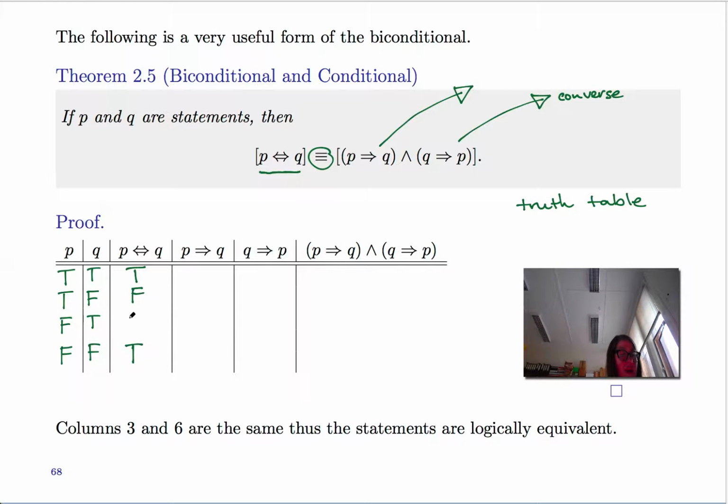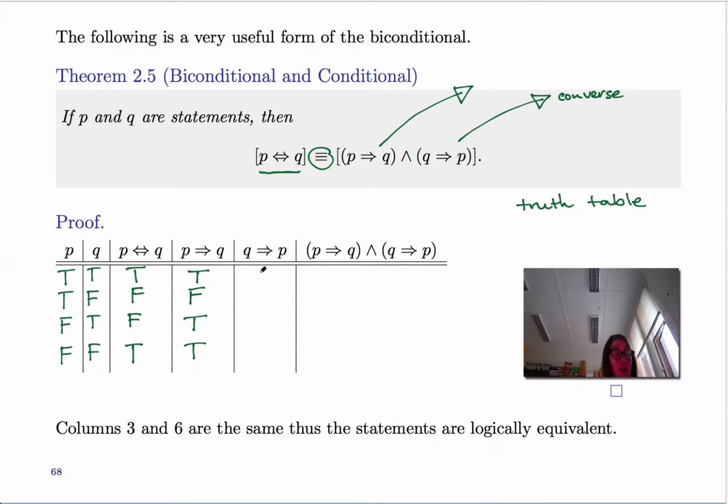Otherwise, the truth table gave us false values for P if and only if Q. On the other hand, P implies Q was true when P and Q were both true. It was true whenever P was false, but it was false when P was true and Q was false.